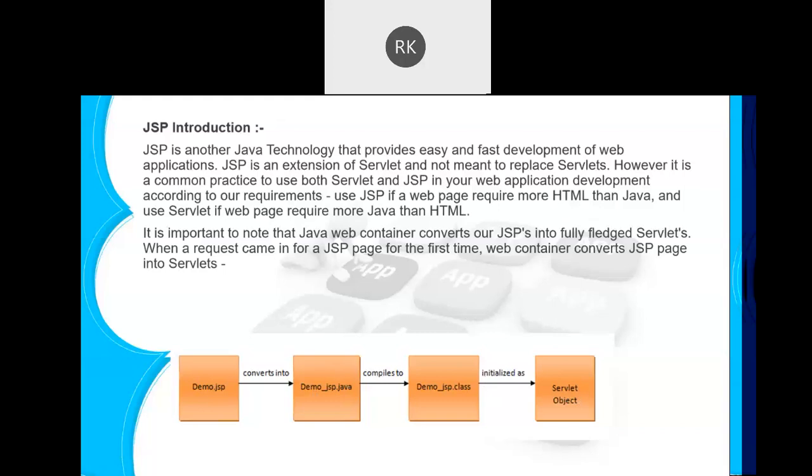This is what happens when the request reaches a JSP page for the first time. Remember that the process you can see in this diagram is only done when there is the first request for the JSP. After that, you can make any request, and it will be served like a servlet request. It is a one-time activity to convert the JSP and initialize it as a servlet object.